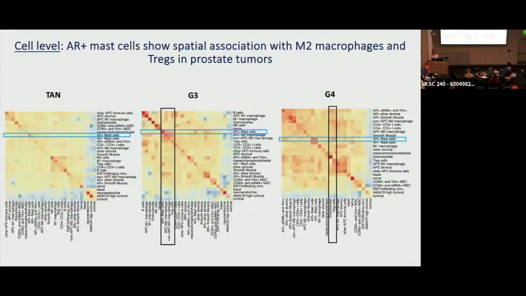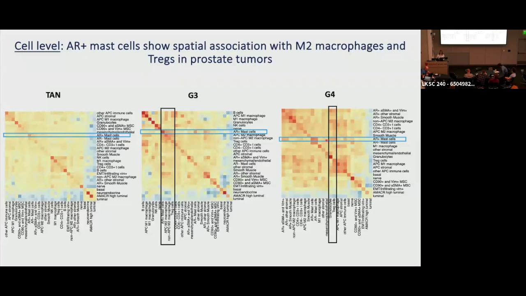So we analyzed spatial interactions of mast cells based on AR expression using the interaction matrix, which was presented before as well in this conference, which is a descriptive statistic of spatial graph. It quantifies the number of edges that nodes belonging to mast cells share with other cell types.